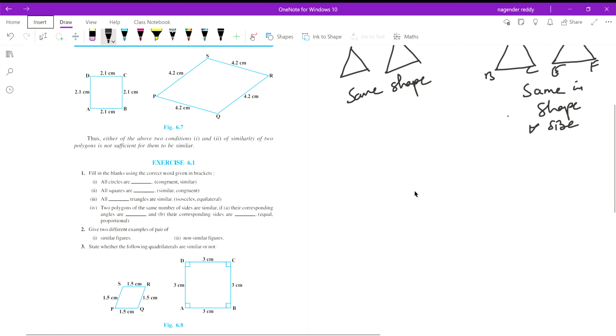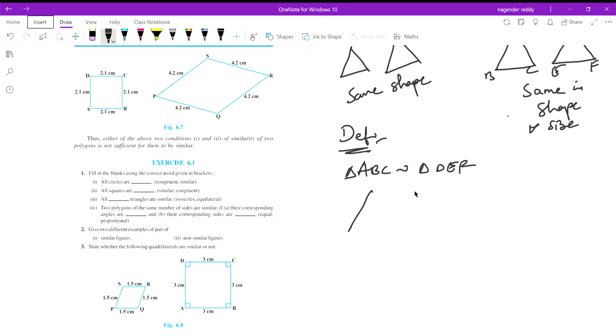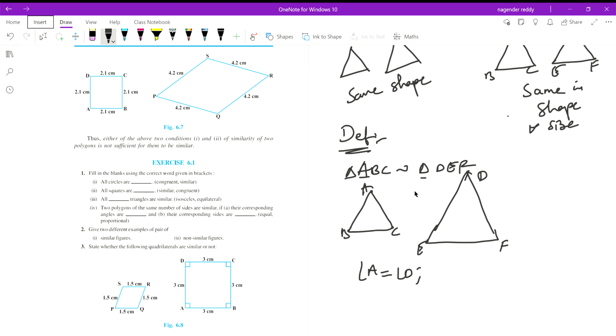The definition of similar triangles: if triangle ABC is similar to triangle DEF, suppose I am taking one smaller and another bigger, that means angle A is equal to angle D, angle B is equal to angle E, and angle C is equal to angle F. And the corresponding sides are in proportion.